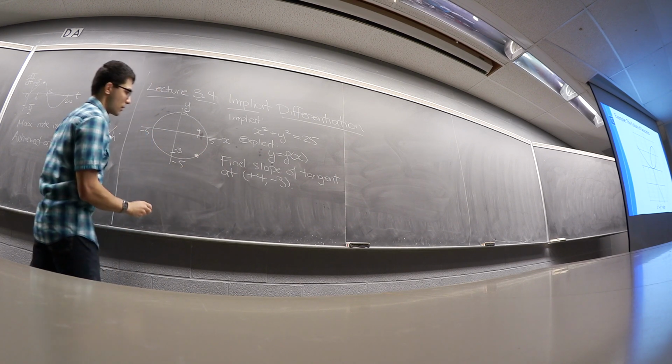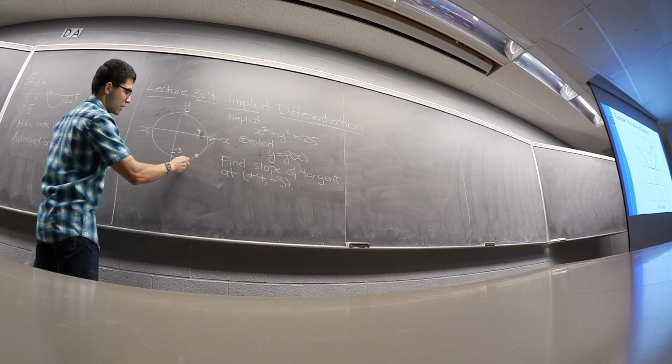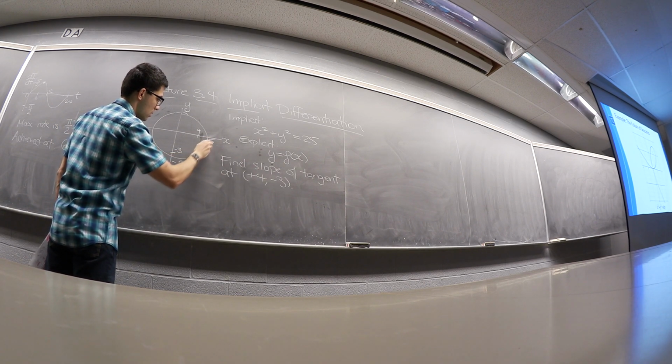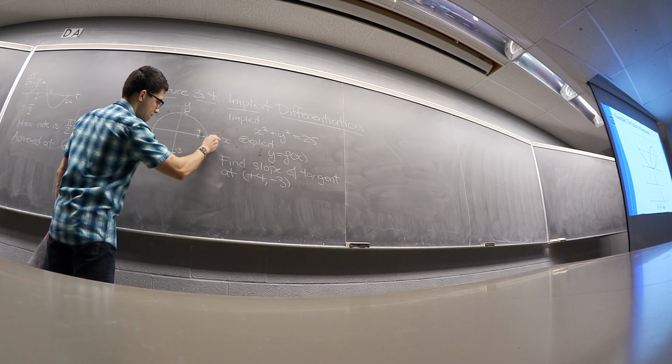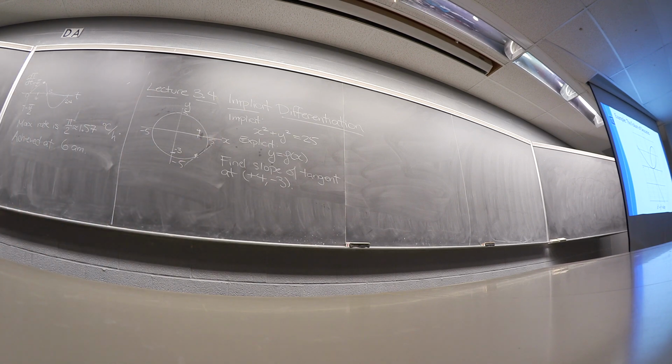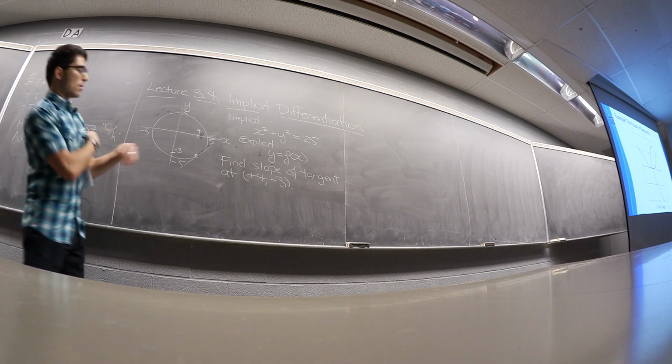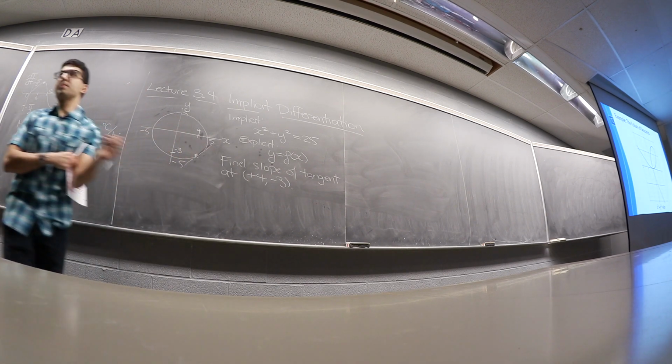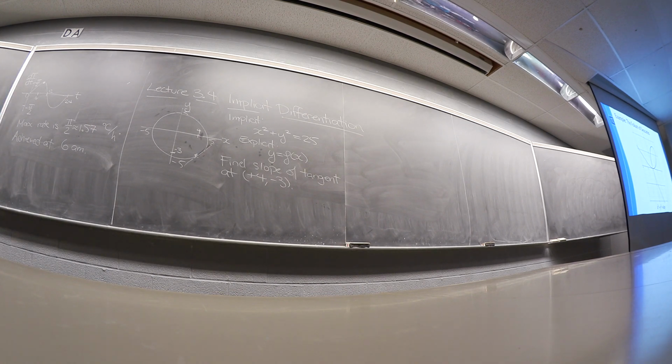So we want the slope of that tangent. And again, for circles, the tangent is perpendicular to the radius, but that's kind of hard to generalize. So what do we do?